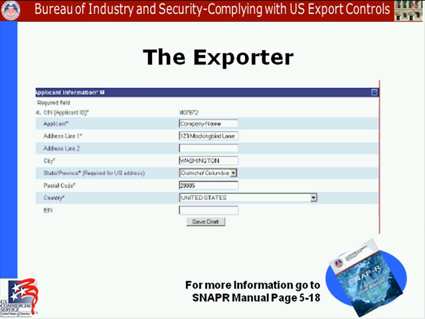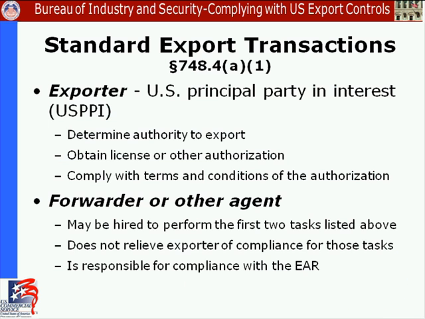Again, that presentation will be following this presentation later today. But this will be the screen the exporter will see, and this is the information that the Commerce Department will need in order to process the application. So again, two types of export transactions.